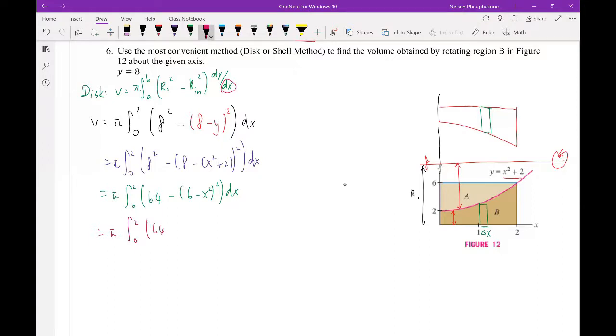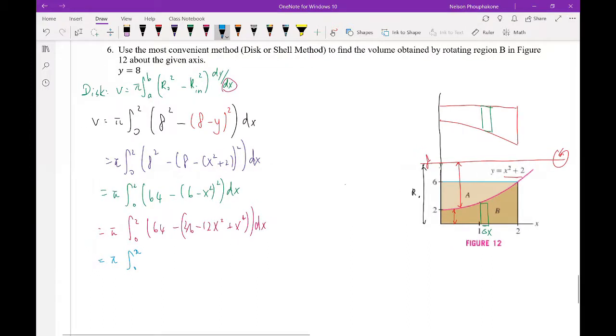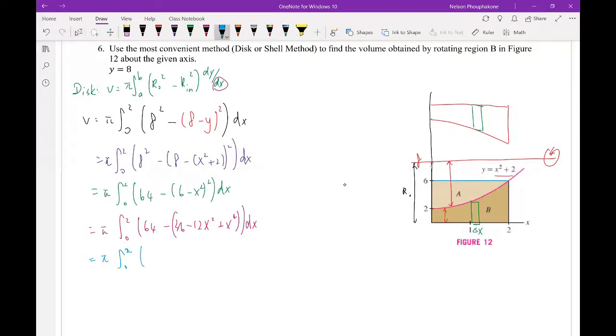So I have 64 minus 36 minus 12x squared, and then plus x to the power 4, dx. And in this case, we will have 28 plus 12x squared minus x to the power 4, dx.